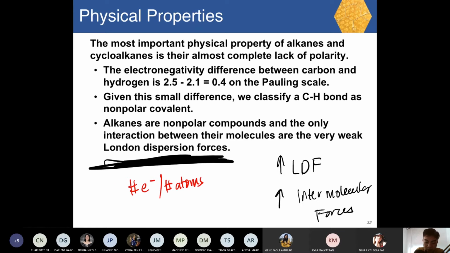So, the more electrons or the more atoms you have, the higher the London force, hence the higher the intermolecular force. That means for your alkanes, the longer the chain of your alkane, the higher its interaction will be, the higher its intermolecular forces will be. Ibig sabihin nun, the boiling point will increase as you increase the carbon chain.